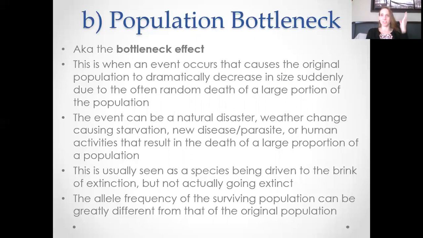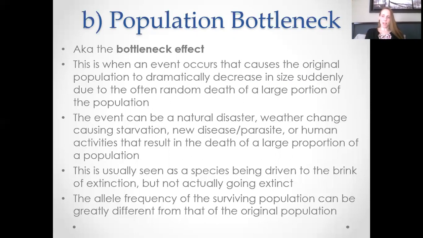Like if an asteroid slammed into your population and it just so happened that 3 of you made it out alive. Usually this is seen when a species is driven to the brink of extinction but doesn't actually go extinct, so there are just a few survivors.